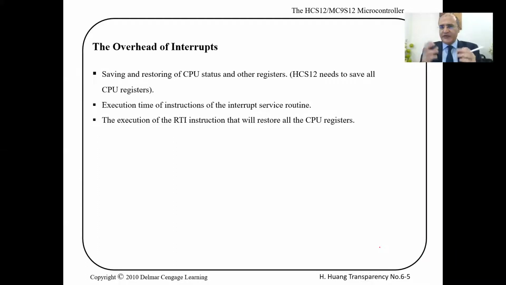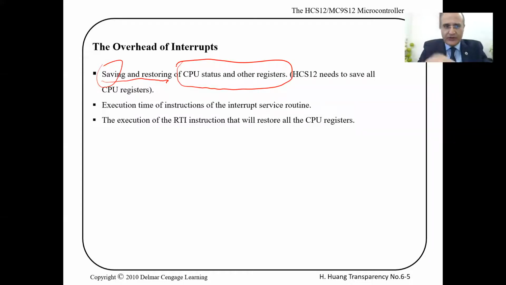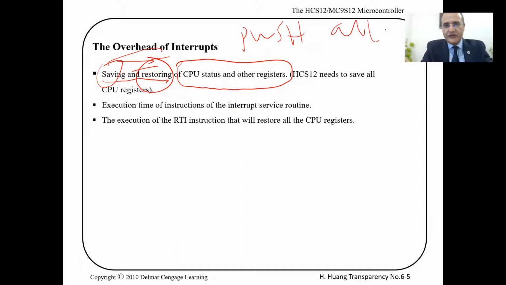And what is the overhead, efficiency speaking? The overhead is you have to save, when you change your sequence, all CPU status registers and program counter and stack pointer and everything. And when you return, you need to restore them back. So here you have a bunch of push to the stack, right? All registers.